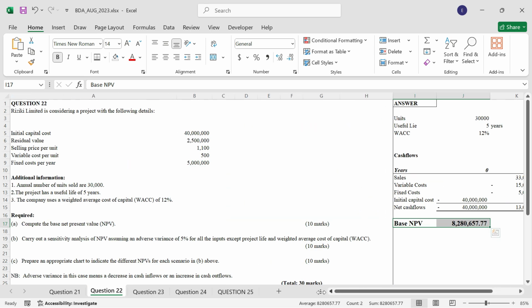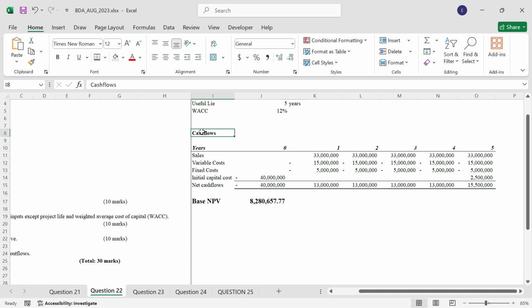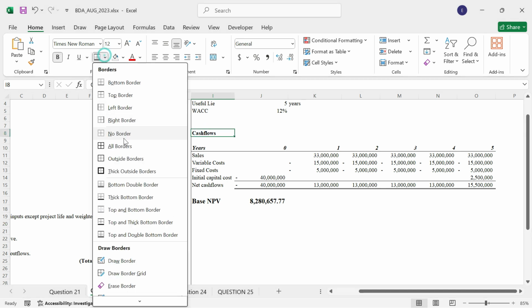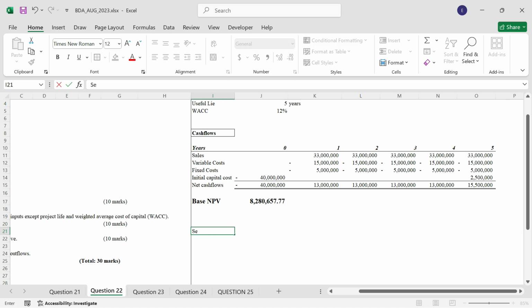However, we have been told to carry out sensitivity analysis assuming an adverse variance of 5% for all the inputs. You can start with the initial cost and the residual value. Sensitivity analysis.